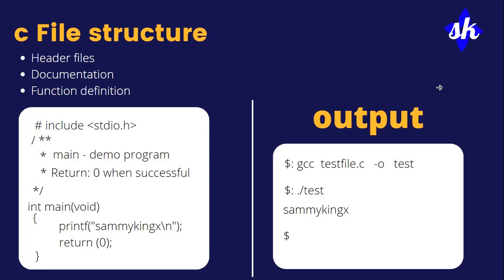Then the return there is more like an exit status. So I'm returning 0. Some programmers prefer to write return EXIT_SUCCESS. Success is equal to 0, while EXIT_FAILURE equals 1.